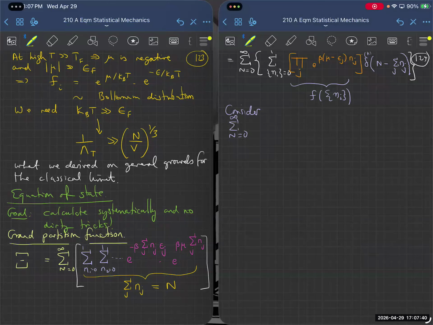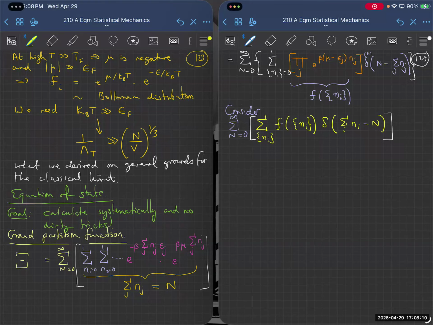Then I have the sum over the occupation numbers. Then I have the function that I'm trying to sum over, which in our case is given by the Gibbs distribution. And then I have my delta function that says that the sum of those occupation numbers has to equal the n that is on the outside. Okay, so that's the thing that we're trying to solve.